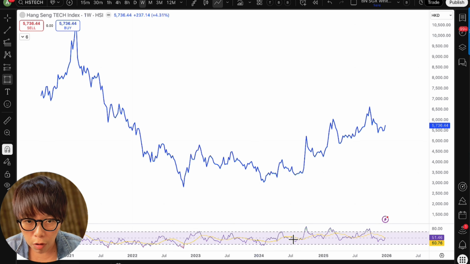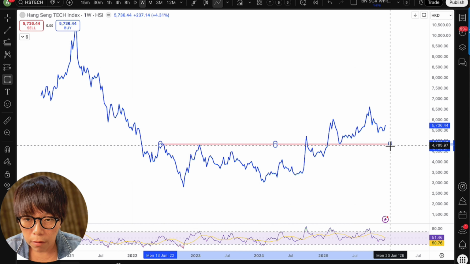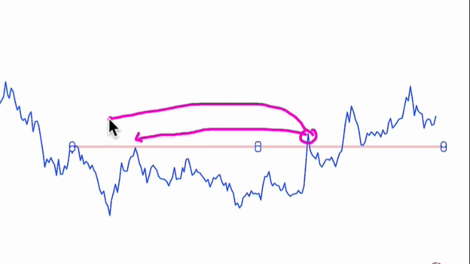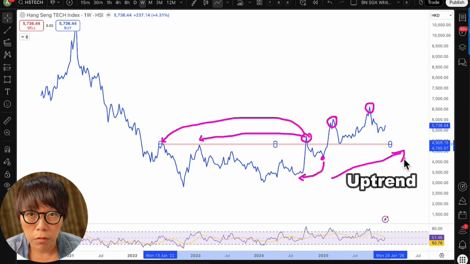If I were to draw, for example, a horizontal level here, we can see this point here makes a higher high versus the previous high, and subsequently it makes a higher low versus the previous low. And we can see that the next two highs are indeed higher, and the next two lows are indeed higher. So in this case, this gives rise to an uptrend.